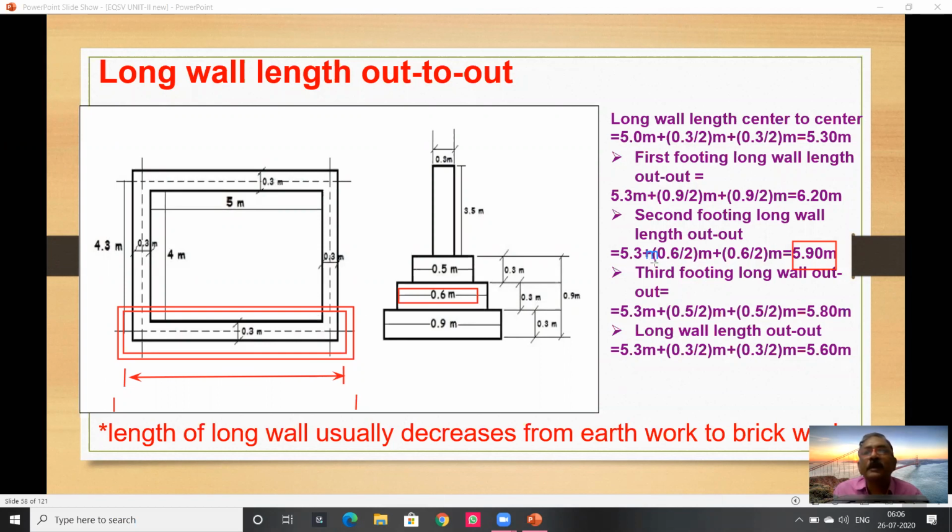That is 5.3 plus 0.3 plus 0.3. So you will get 5.9 meters. So it is less than the first footing.